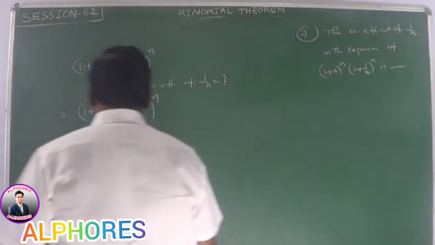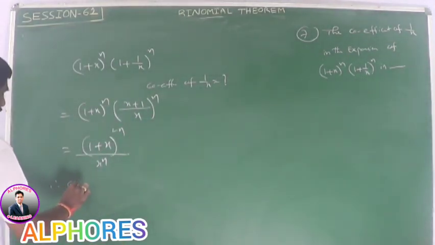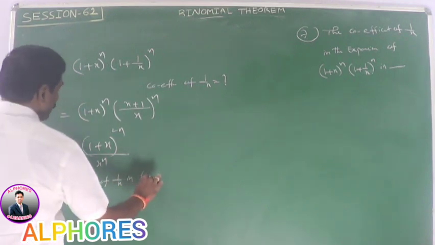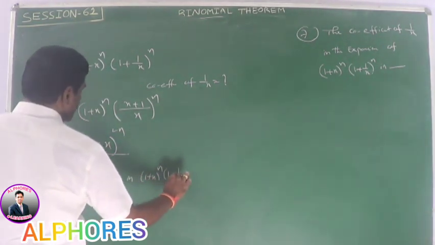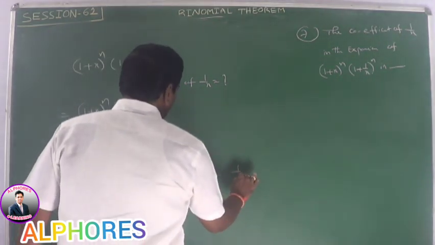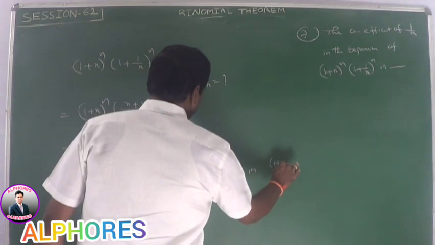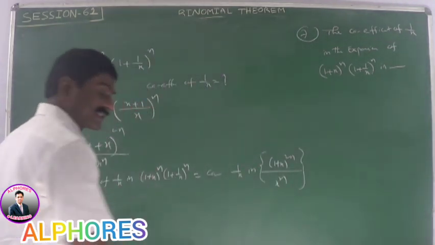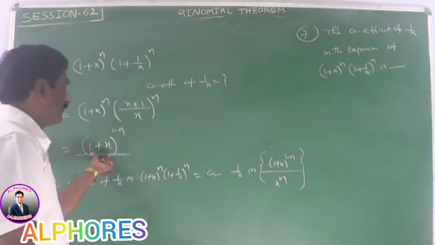Therefore, the coefficient of 1 by x in (1 plus x) whole power n into (1 plus 1 by x) whole power n is equal to the coefficient of 1 by x in (1 plus x) whole power 2n by x power n. Please observe this value. These two are equal.